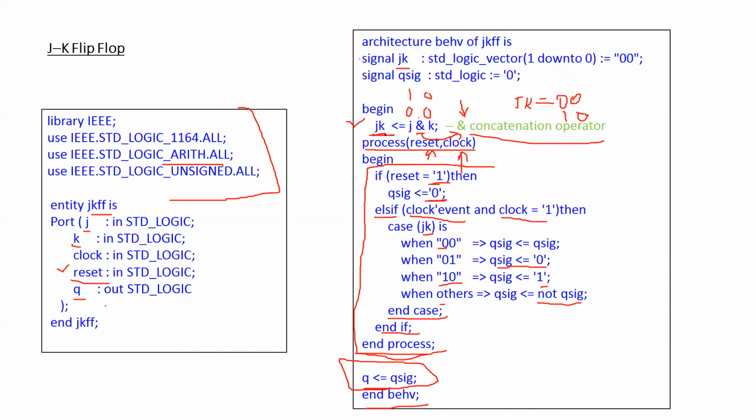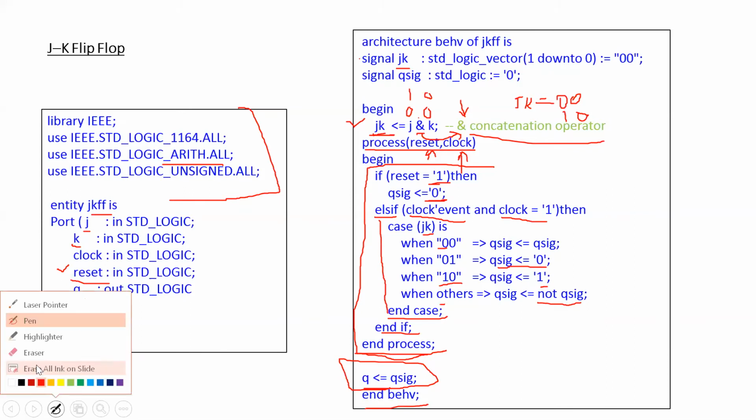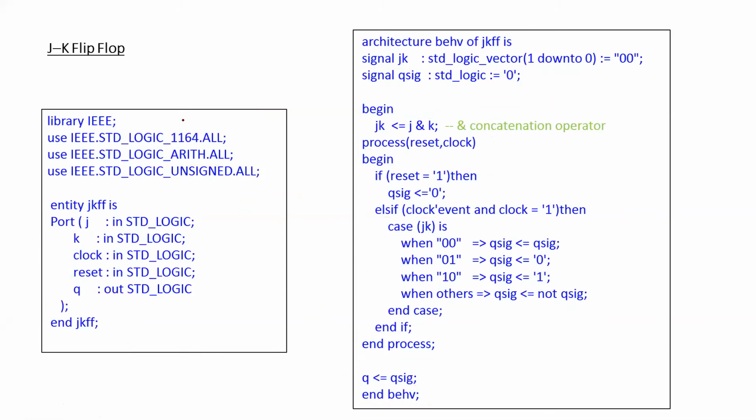Based on these values, I have created this set of statements for 0 0, 0 1, 1 0 and 1 1. Is it clear to all of you? If you have any doubt, please let me know.